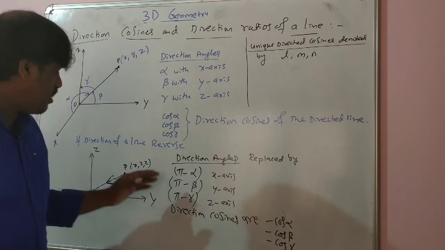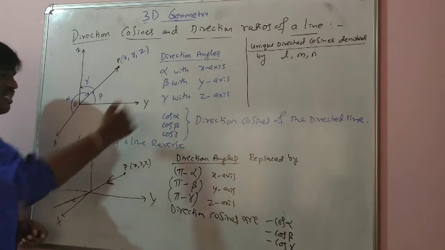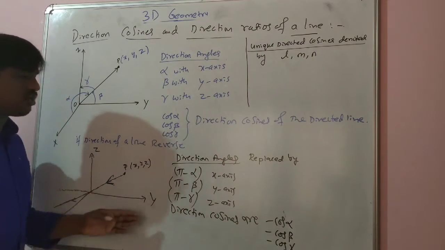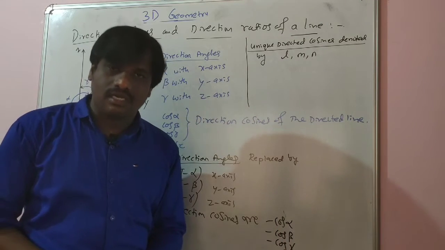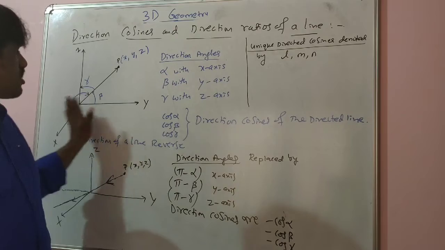That is the reason that when the direction of a line is reversed, the direction cosines are minus cos alpha, minus cos beta, minus cos gamma.